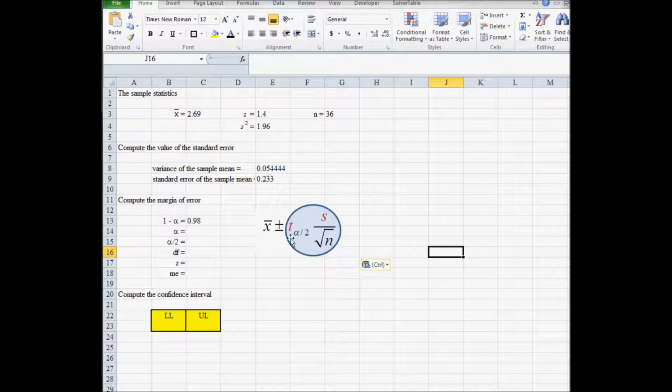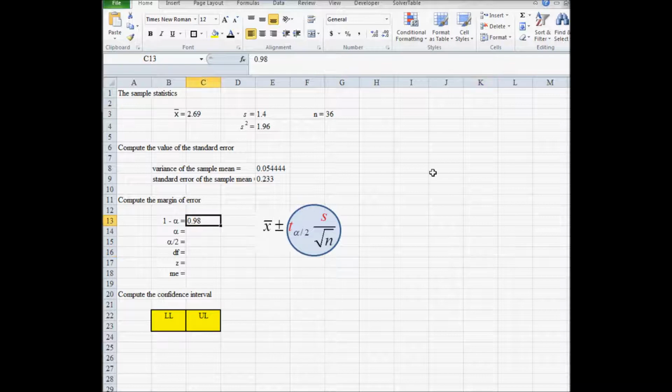Now, this right here is the estimated standard error, and multiplying that by t gives us the estimated margin of error. So it's very similar to a sigma known problem, but instead of using sigma, we use s, and instead of using z, we use t.